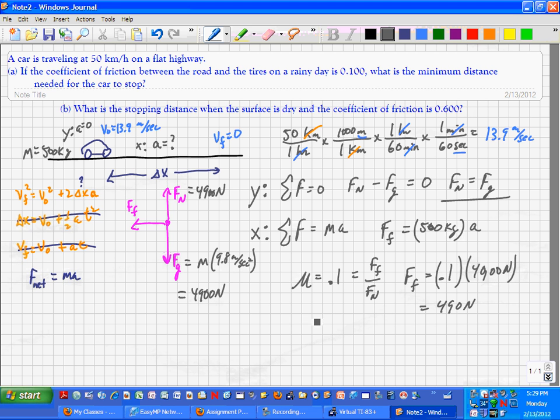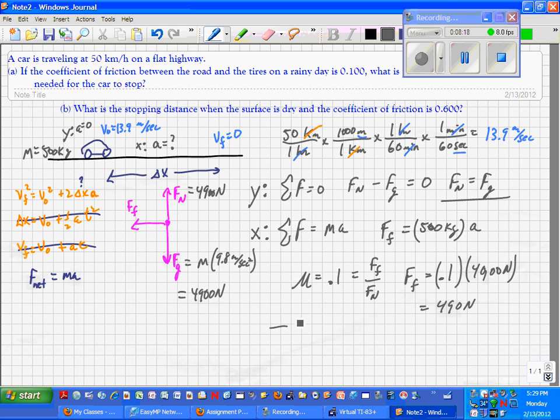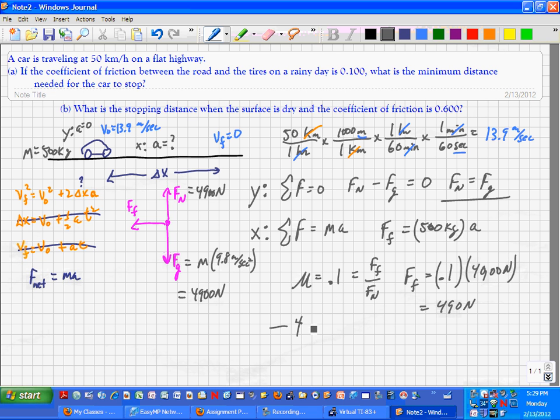So now I can go ahead and say that the force of friction, now keep in mind this is going to be negative because this is pointed to the left. So I'm going to have negative 490 newtons is going to be equal to 500 kilograms times acceleration.